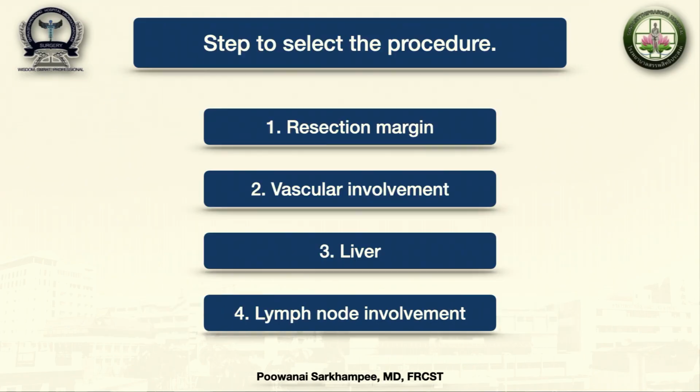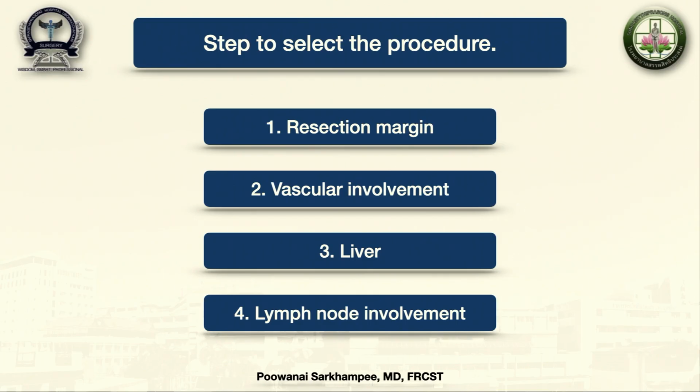Okay, so in conclusion, for the choice of operation, first you look at the margins: distal margin, proximal margin, radial margin, and ductal margin. After that, you look at vascular involvement or not, its benefit and feasibility for vascular resection and reconstruction.